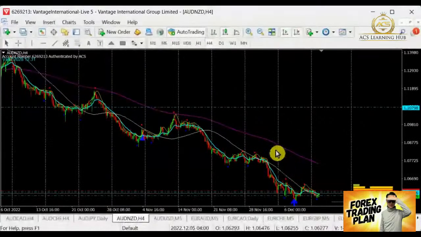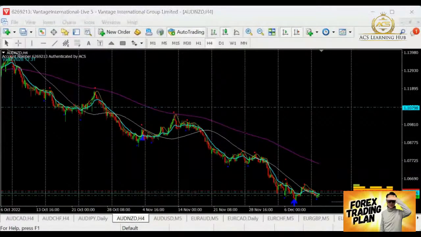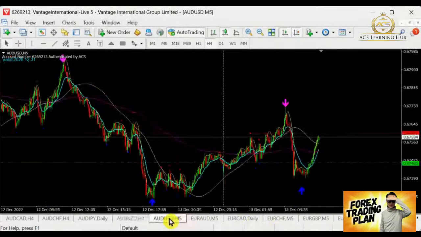Aussie Kiwi is still looking out for bear, but I need it to break the support before I can go into selling. Today I'm going to put Aussie Kiwi into my watch list. If there's a chance for me to sell now, I will continue selling.